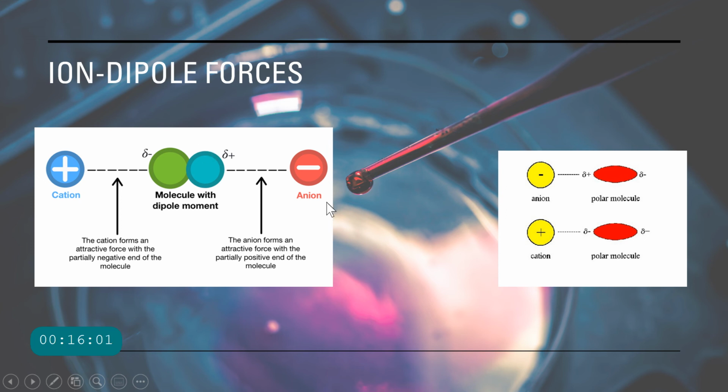Because opposites attract. So the anion forms an attractive force with the positive end of this molecule, and then they would attach. And then in this case, the cation, cat is positive, an is negative, it forms an attractive force with the negative end. And this is called an ion dipole force.